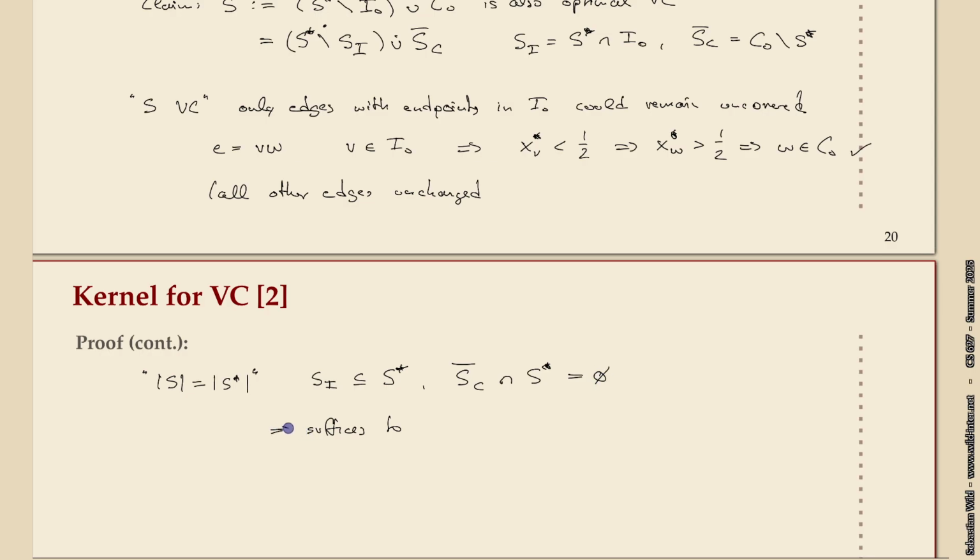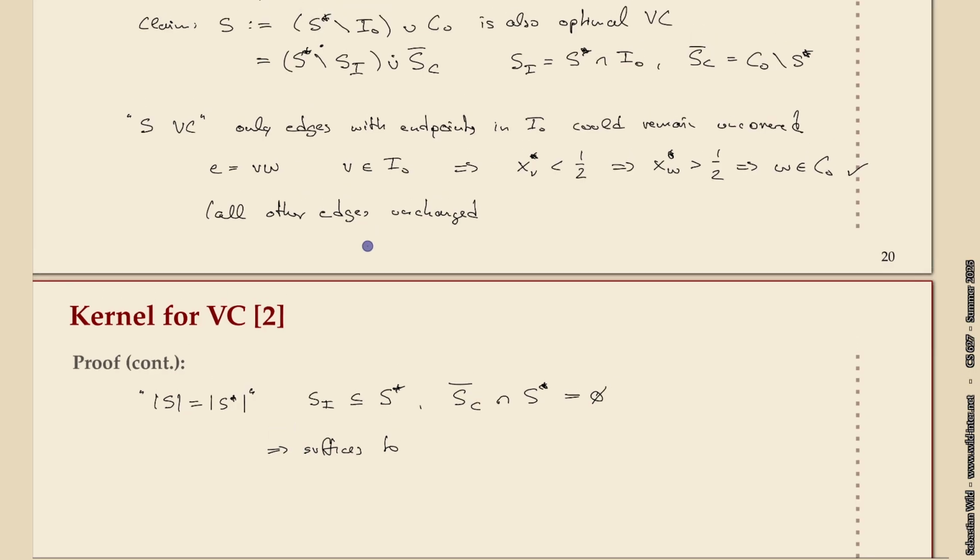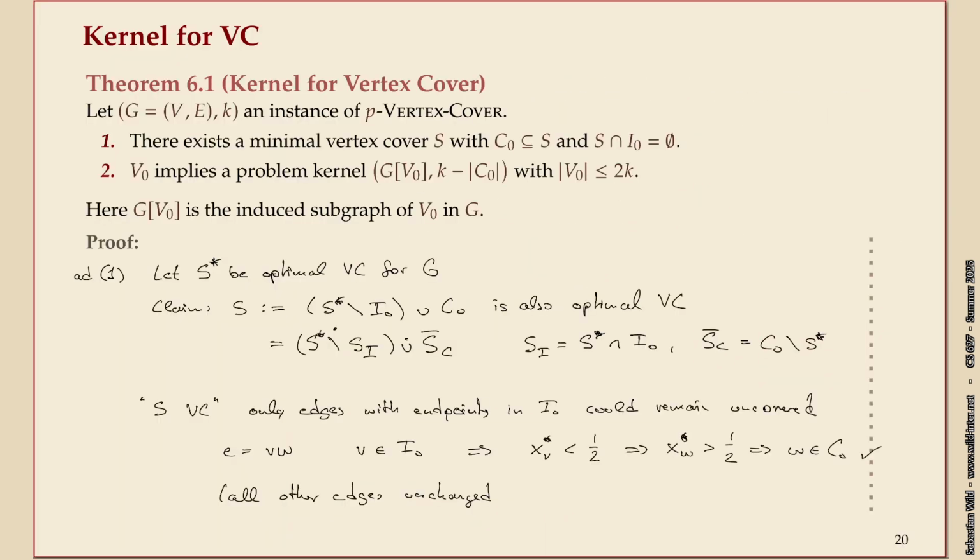So to say something about the size of S, you can take the size of S star, you subtract the size of Si, and then you add the size of SC bar. So let's do one more step here.